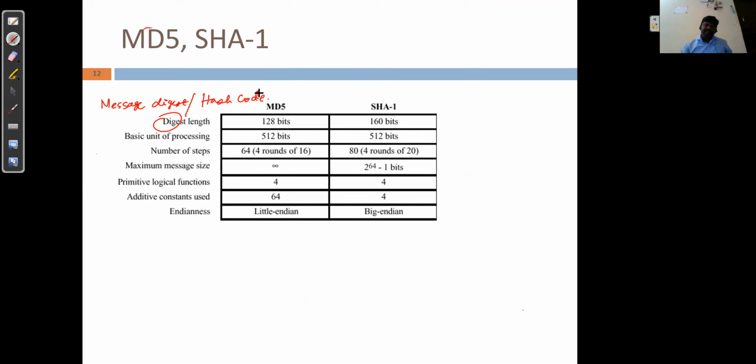Message digest and hash code give the same meaning, right, and the size here is 128 bits, here 160 bits. Again the basic unit of processing is plain text.